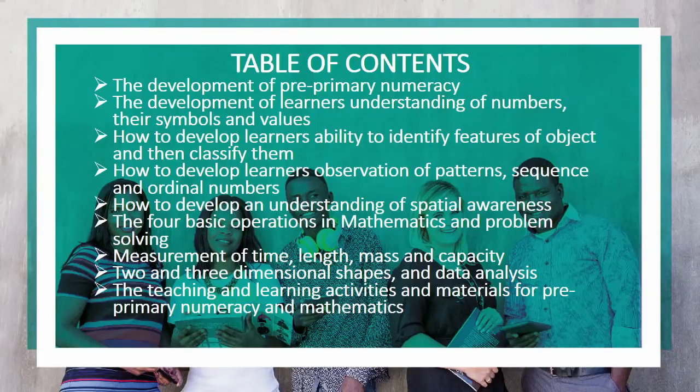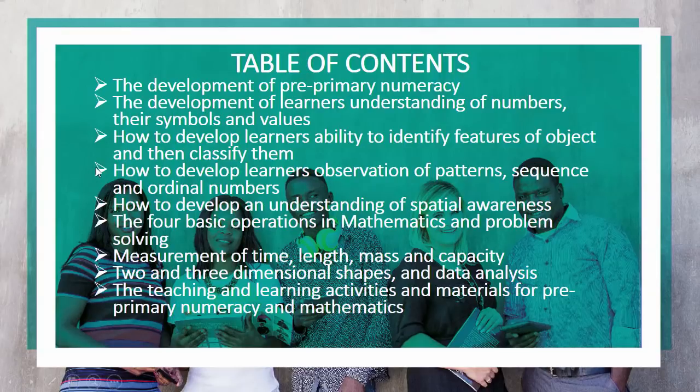Your table of contents: the development of pre-primary numeracy, the development of learners' understanding of numbers, their symbols and values, how to develop learners' ability to identify features of objects and then classify them.